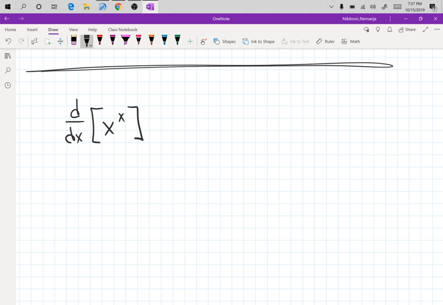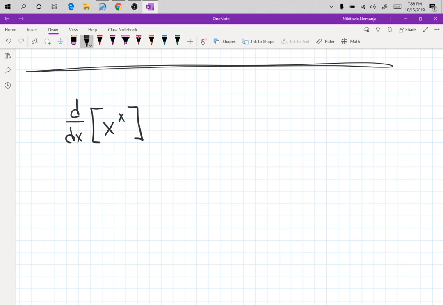I call it the boss function because it's the fastest growing function that we consider in calculus. It will be back in Calc 2 with vengeance, because you will be working with sequences and series with this function. It will be n to the n, and it's an absolute menace over there. But now we're just going to take a friendly derivative.